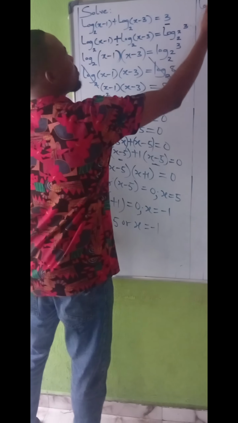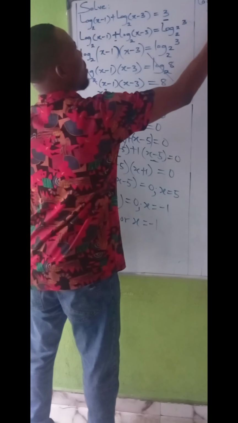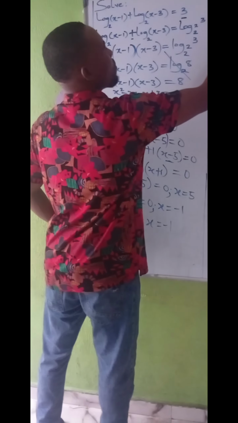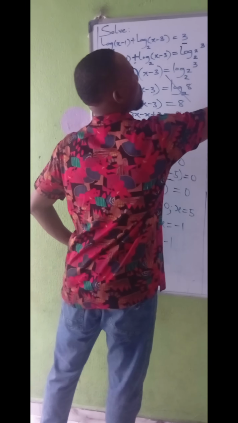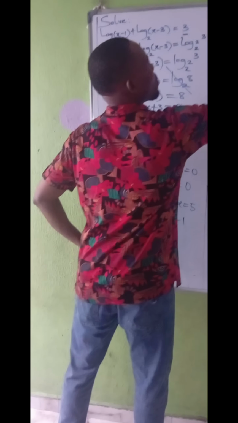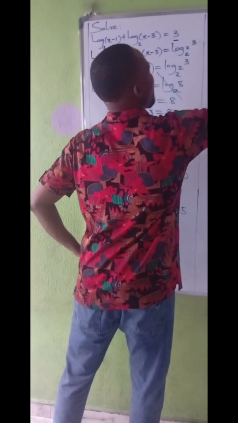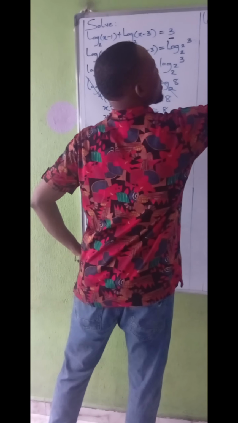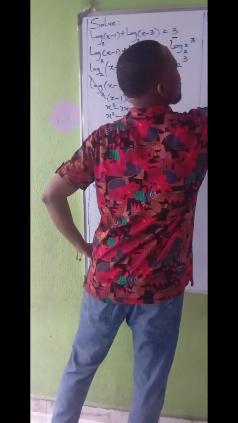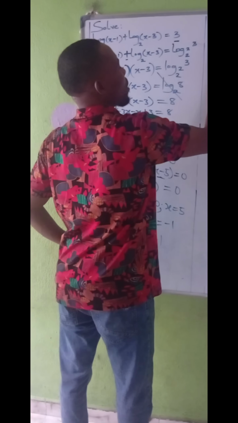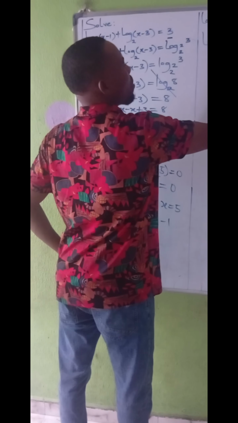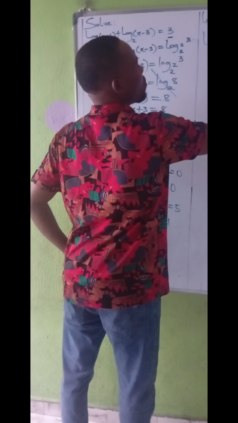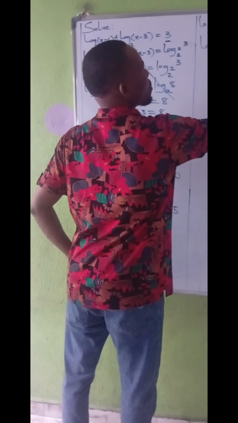So we have log to base 2 of, instead of x, I'll put 5 minus 1, plus log to base 2 of 5 minus 3, equals 3. Let's check if it's equal to 3. What's 5 minus 1? 4. Plus log to base 2 of 5 minus 3, which is 2.